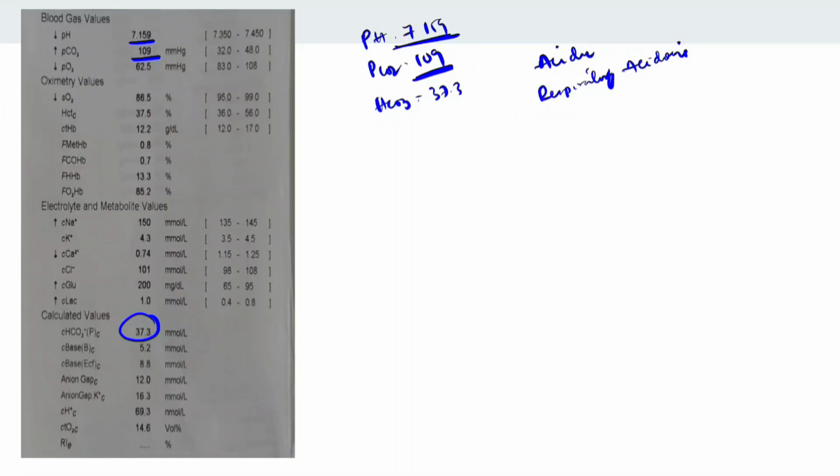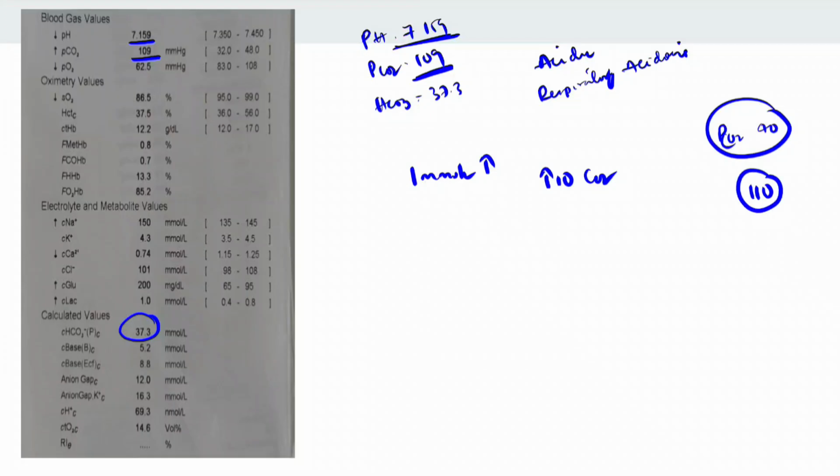Then we should find whether it is compensated by the metabolic component or not. We know that for every 10 mmHg rise in CO2, there will be a 1 millimole per liter rise in bicarbonate. If you take PCO2 40 as the normal value, the value shown in the ABG is similar to 110, so it is increased by 70.